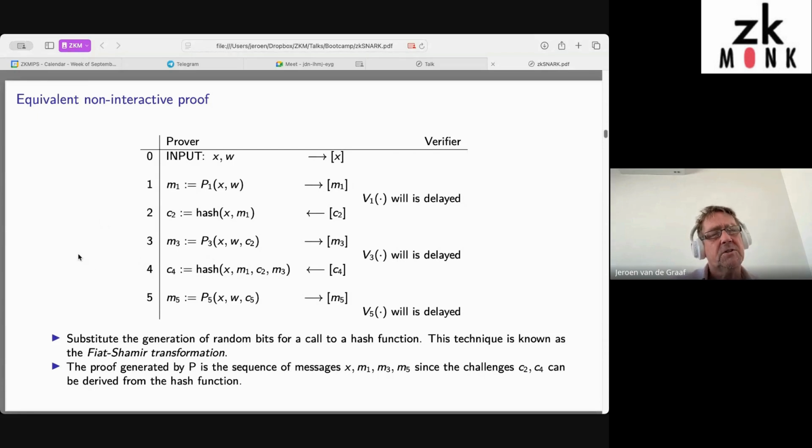So this is the idea of non-interactive: the verifier, whose role is only to generate random numbers, you substitute by a call to the hash function, as you can see in this step, and in that step.